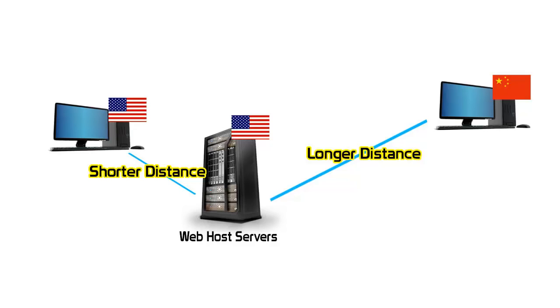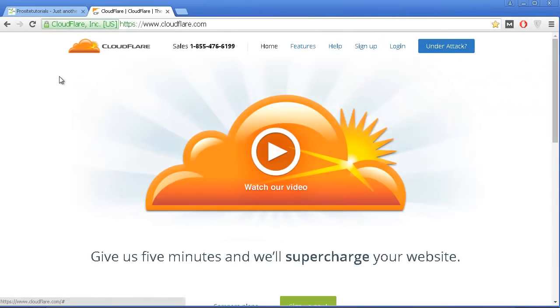So something that you can do is use this service called Cloudflare, and basically what happens is your website gets copied to their servers, and their servers are spread all over the world. So what happens is if someone is trying to access your website from China, then they will access the nearby server that they have, probably in Asia, and they will be able to see your website faster on their computer or mobile screen.